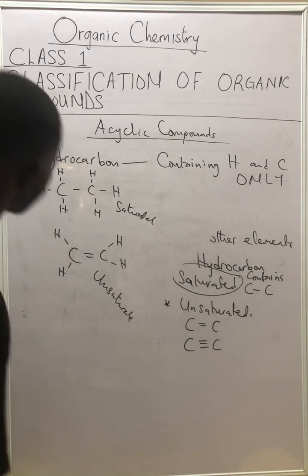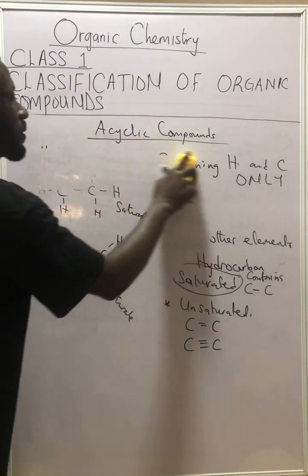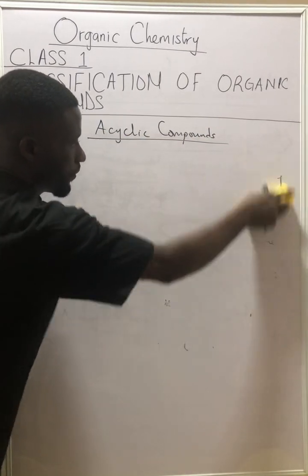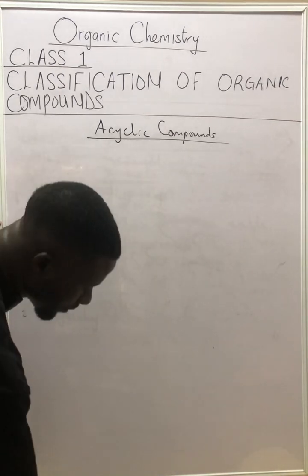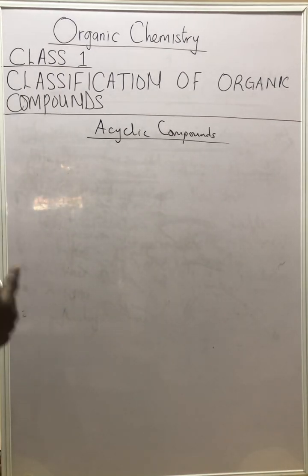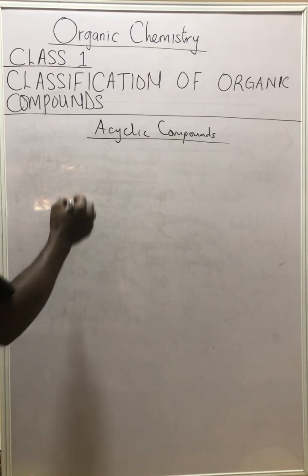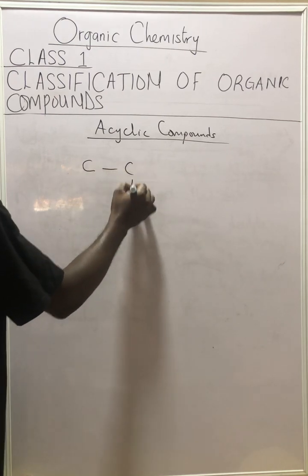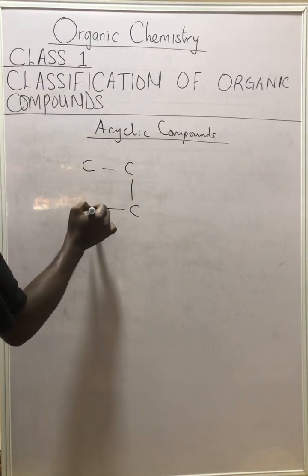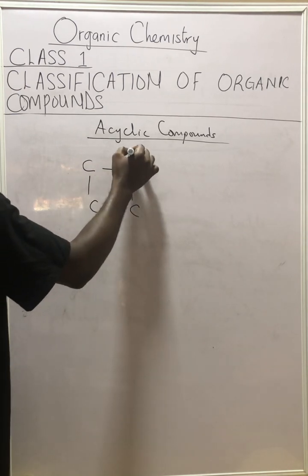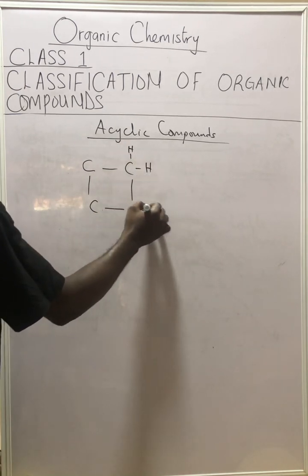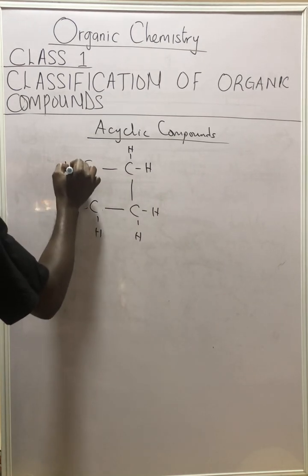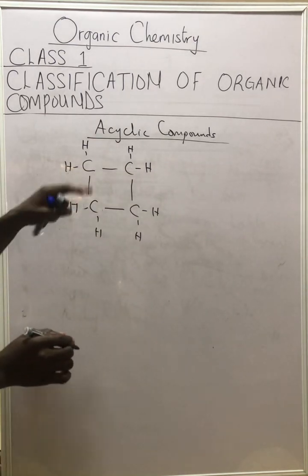There are some compounds that are not hydrocarbon. But before we look at that, let's look at cyclo compounds. We may have cycloalkanes, and so on. But once it is cyclo, it will still be cyclic. So we have this. That is cyclic.